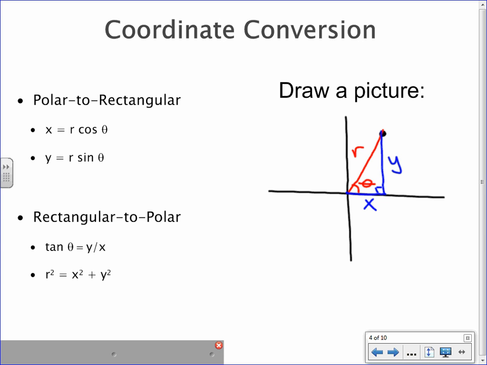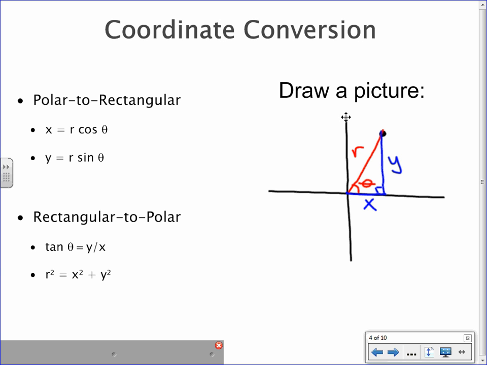Pythagorean theorem, x squared plus y squared equals r squared. Okay, any questions on those conversions? Okay, we're going to practice.